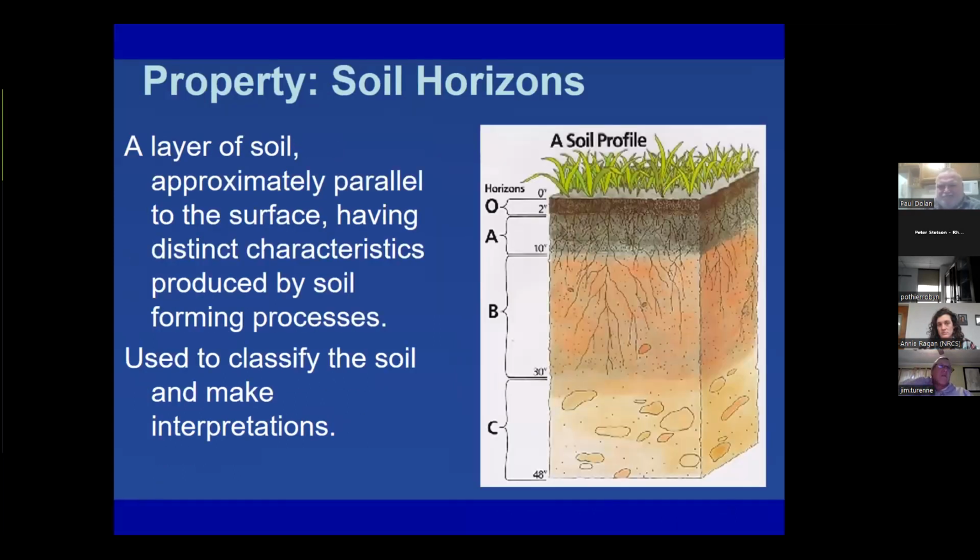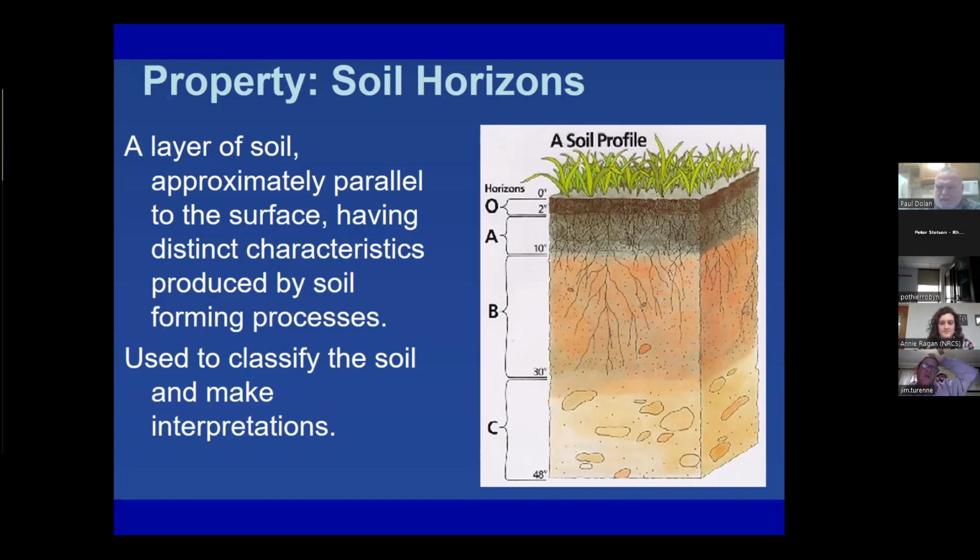We're going to talk about some of the properties we describe in soil, kind of the four major ones: horizons, color, texture, and some of the other stuff like drainage we'll talk about also. So a soil horizon is a layer of soil approximately parallel to the surface and has distinct characteristics produced by soil forming processes.